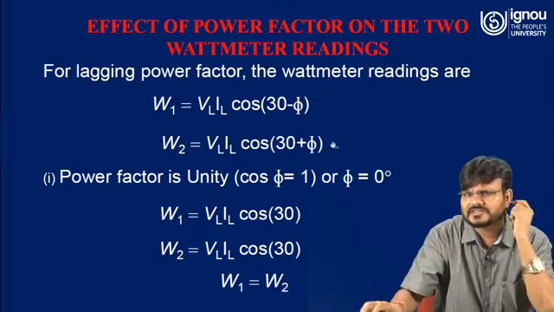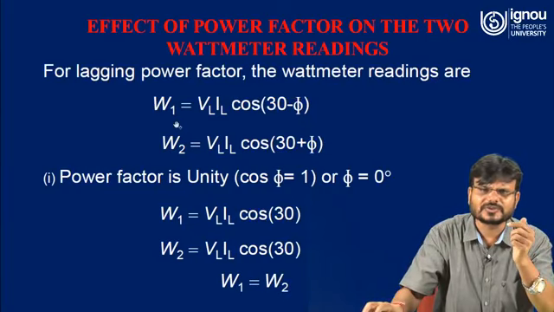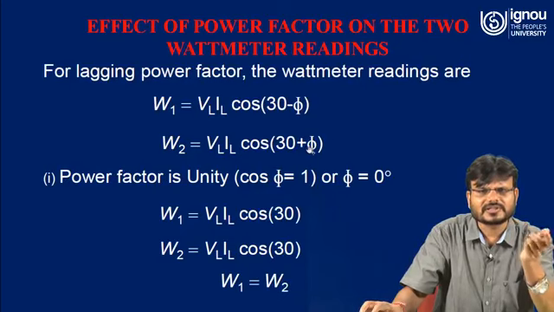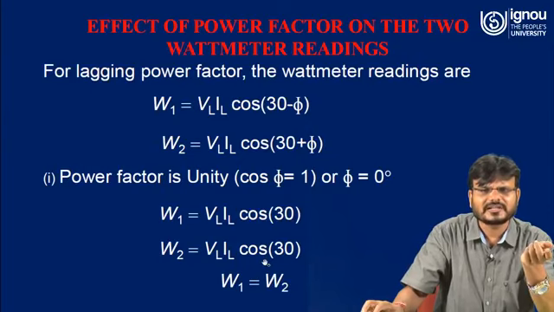So here phi is 0, so just put phi equal to 0 in W1 and W2. The reading of W1 is equal to VL IL cos 30. Similarly, putting phi equal to 0 in the reading of W2, W2 is equal to VL IL cos 30.